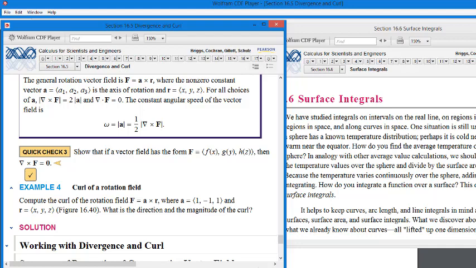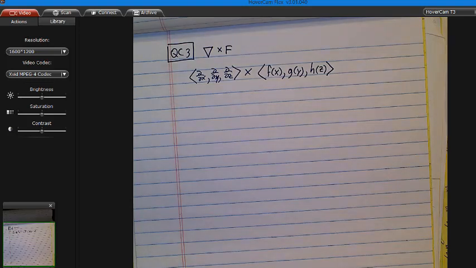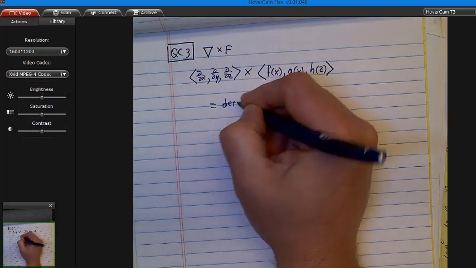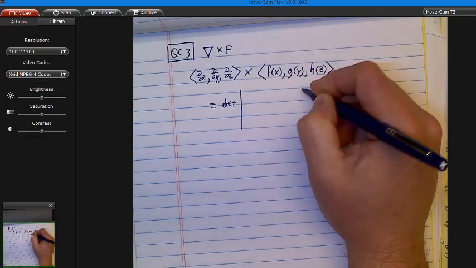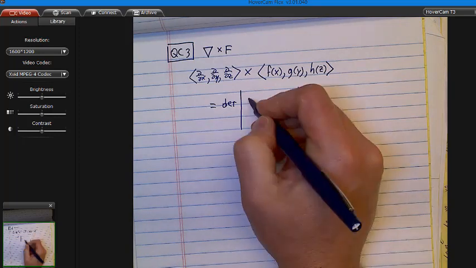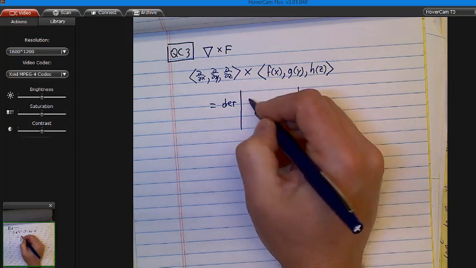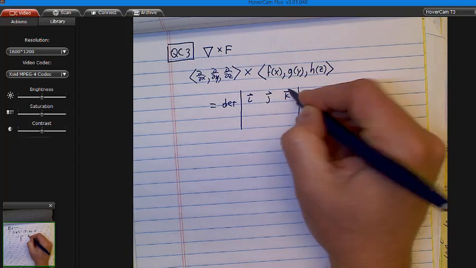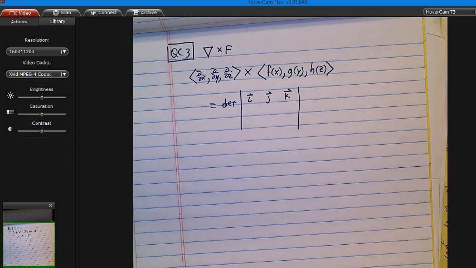What did you guys ever learn about cross product? I remember teaching some of that here, that it's really the determinant of a matrix, where in the top row, do you remember what we put? Yeah. And really, those are the vectors 1, 0, 0, 0, 1, 0, and 0, 0, 1.